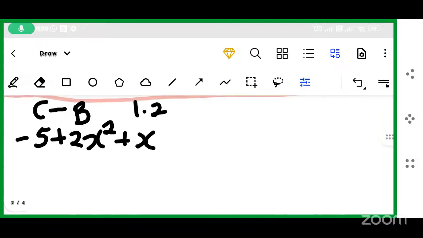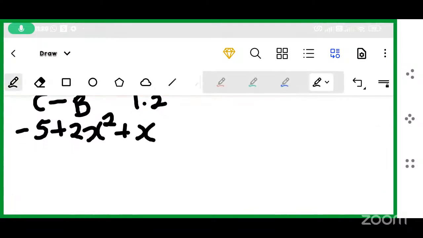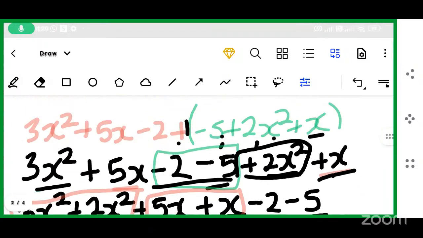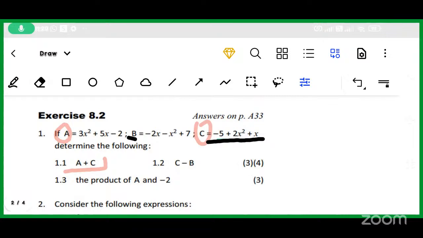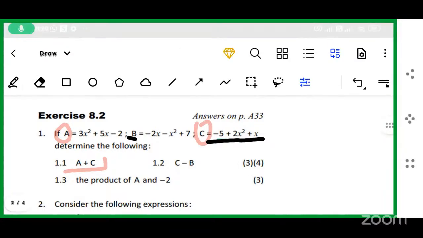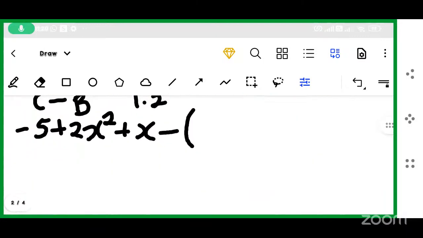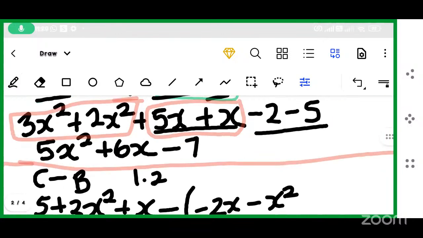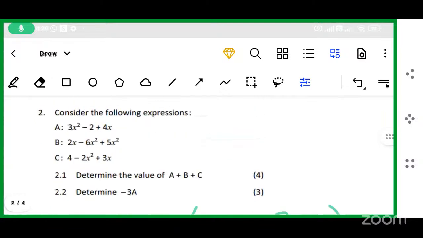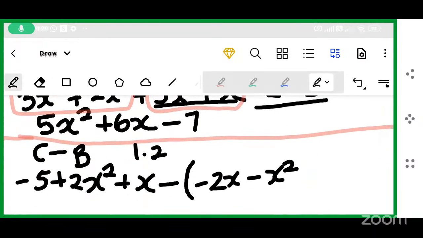So we have to say C minus. We don't have to forget our minus and the introduction of the bracket, so that we can see what these different things are that we're working with. So now C minus B, which is -2x minus x squared plus x. So we write our -2x minus x squared, plus x, and we close the bracket.